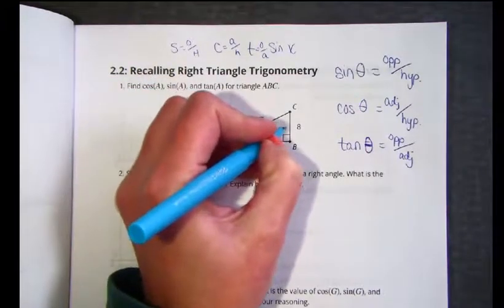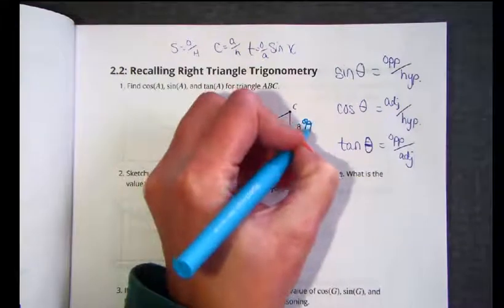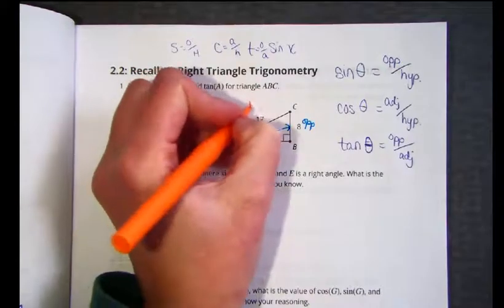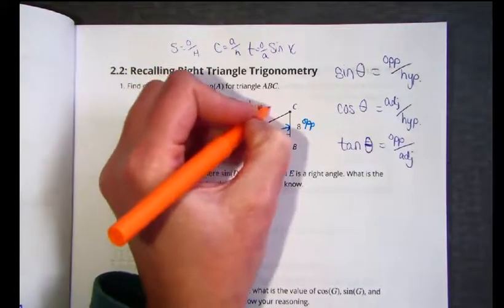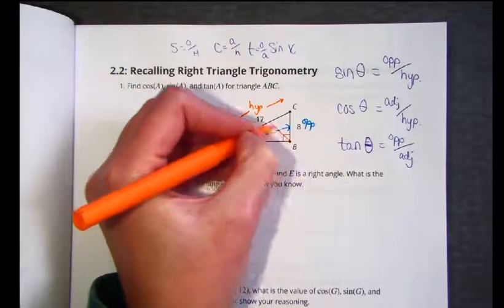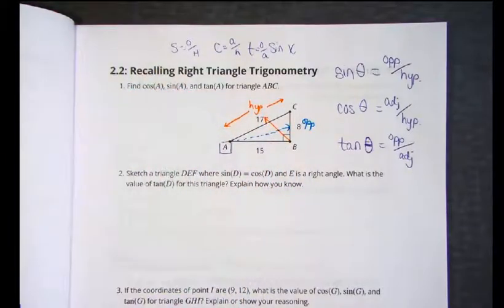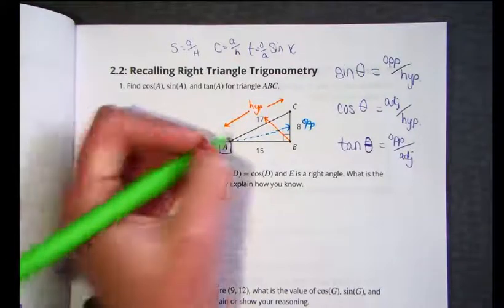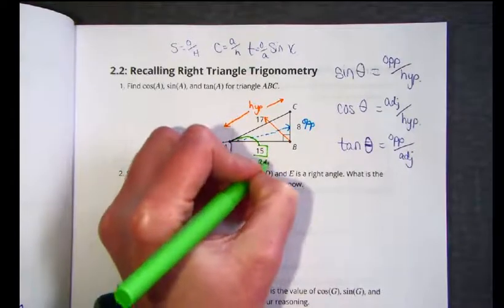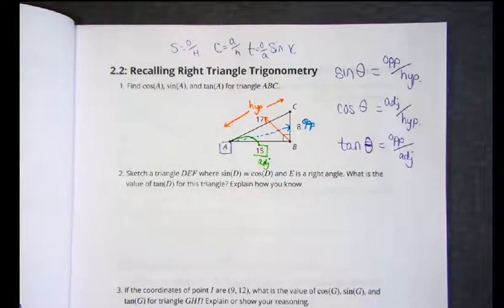So remember the side opposite angle A, our hypotenuse is always the longest one, or the one opposite the right angle. And the adjacent is the one right next to the angle that isn't the hypotenuse.